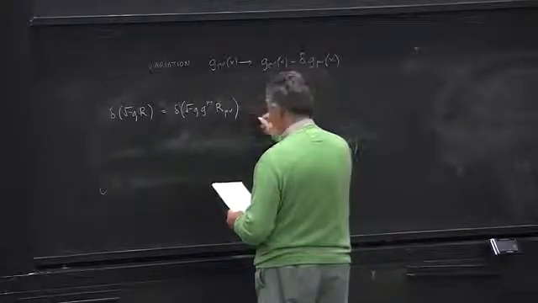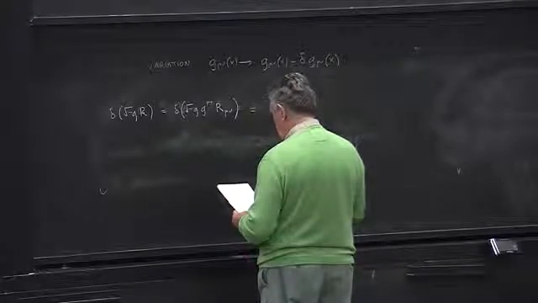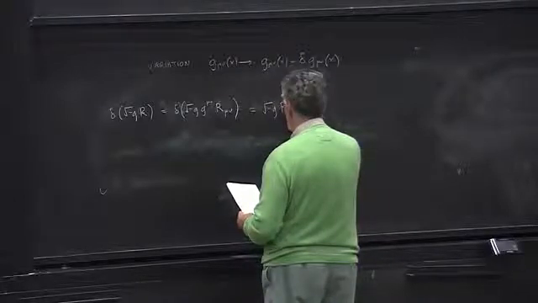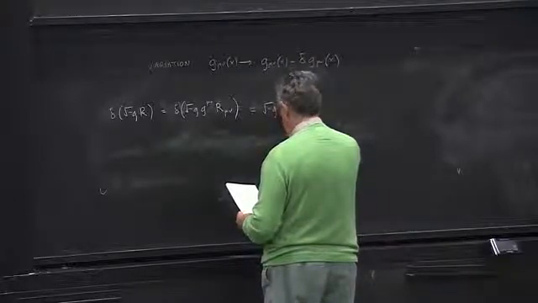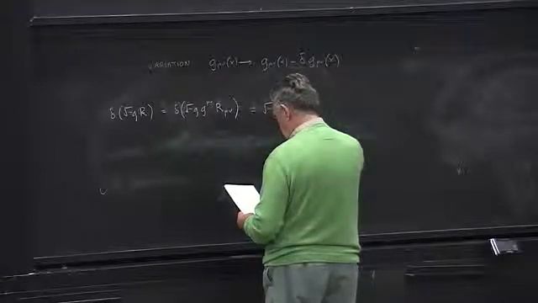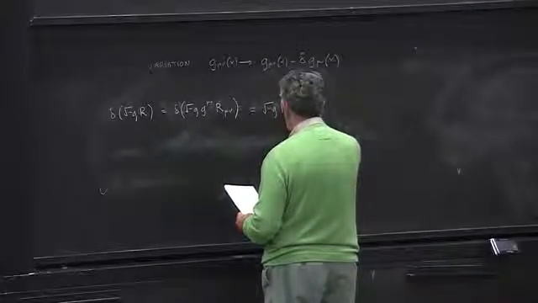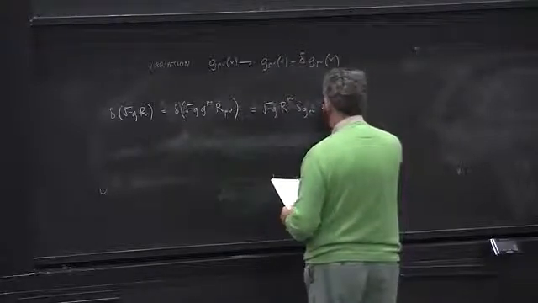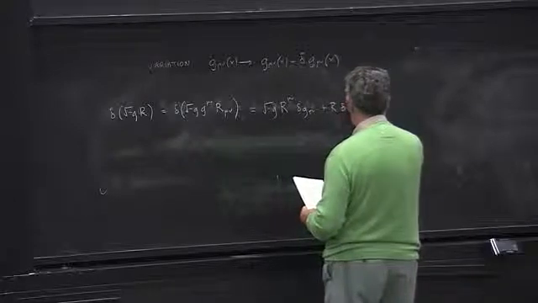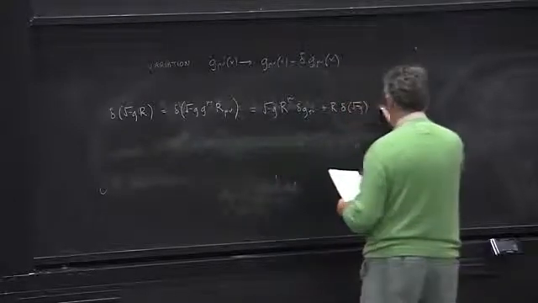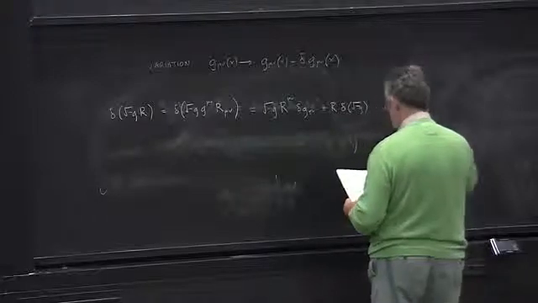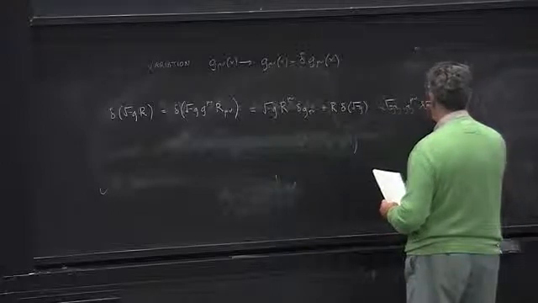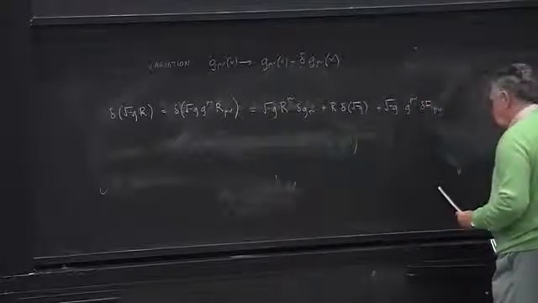So this can be written as root minus G R mu nu delta G mu nu plus R delta root minus G plus root minus G G mu nu delta R mu nu. Just use the Leibniz rule.